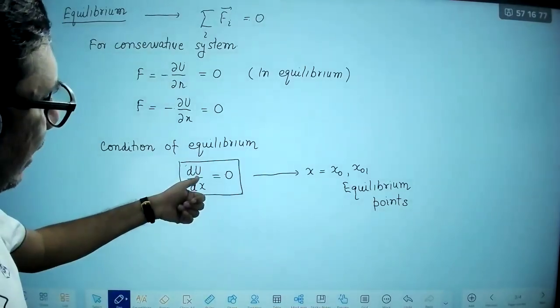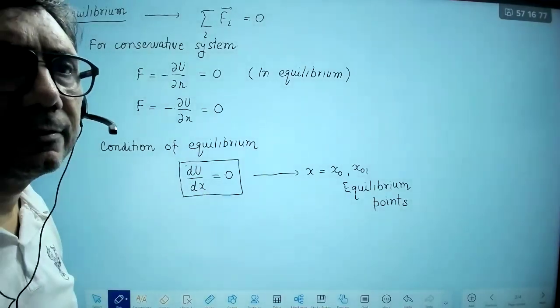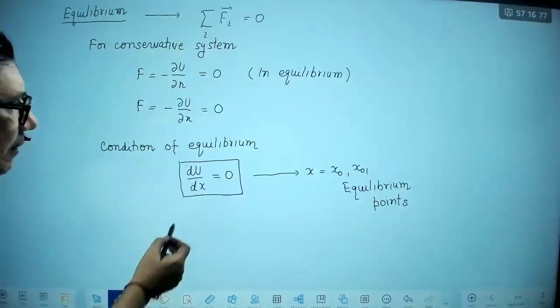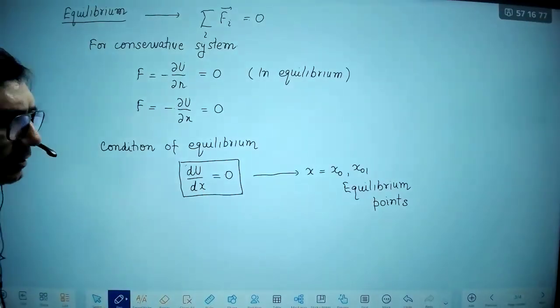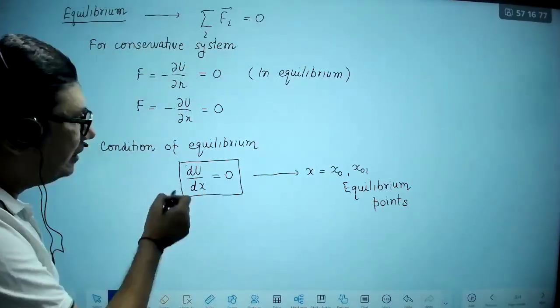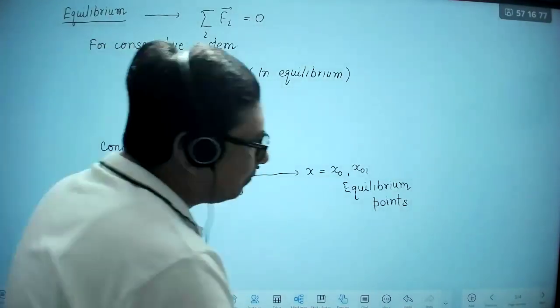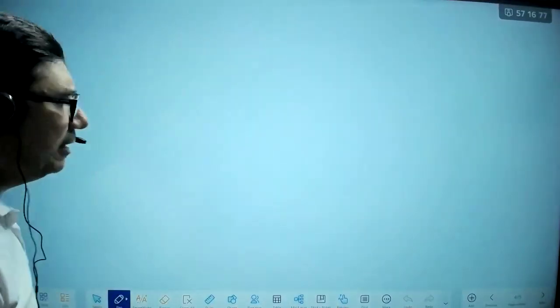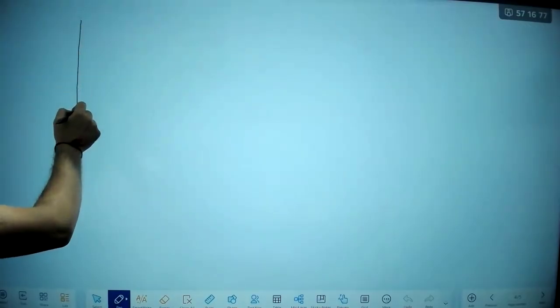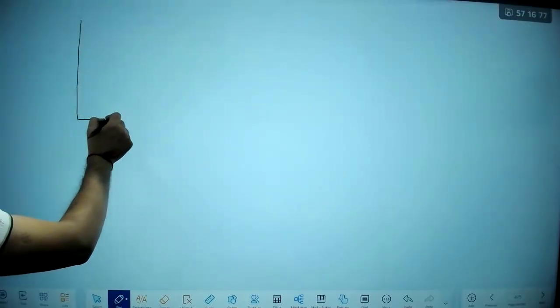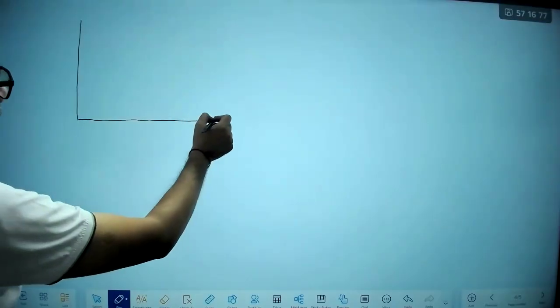Now, if I plot a graph between U and x, this condition can be satisfied in two or three situations. The third situation, neutral equilibrium, I'm not going to discuss here. I'm just focusing on stable and unstable equilibrium.